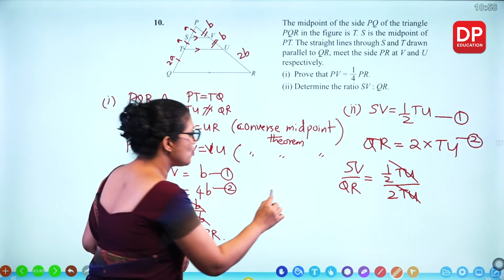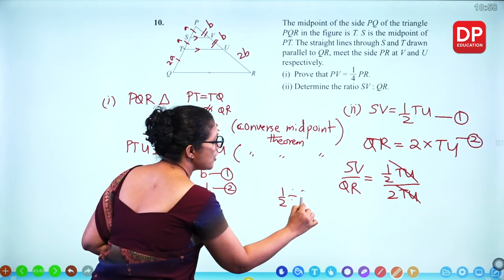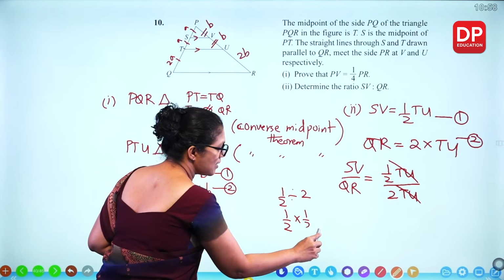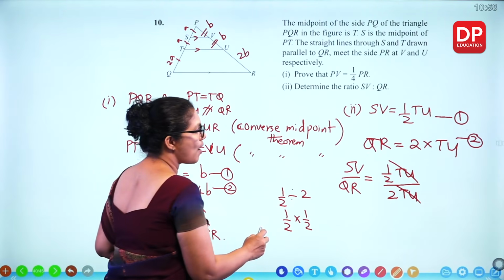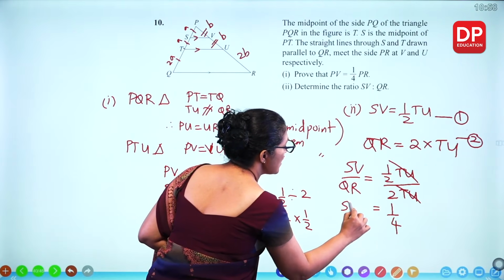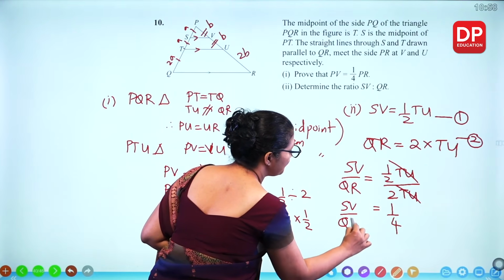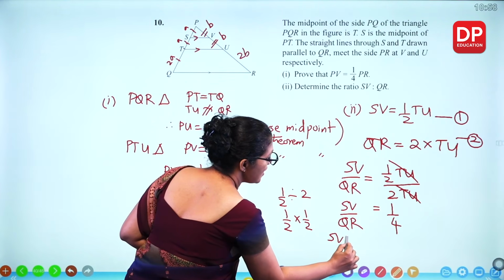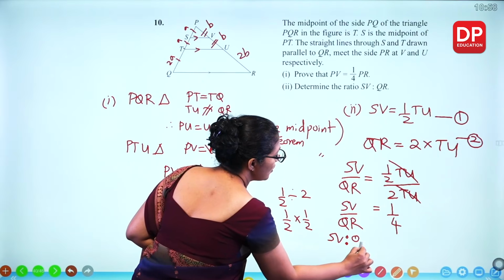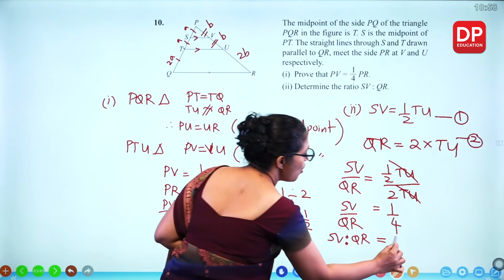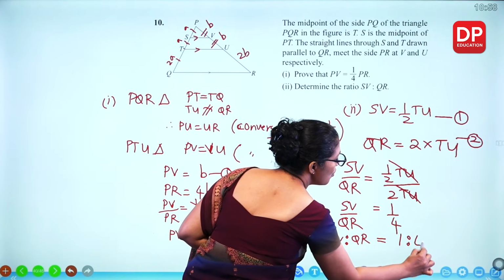Half divided by 2 is the same as half multiplied by the reciprocal, so you get 1/4. So SV to QR, as a ratio, I can write SV to QR is equal to 1/4.